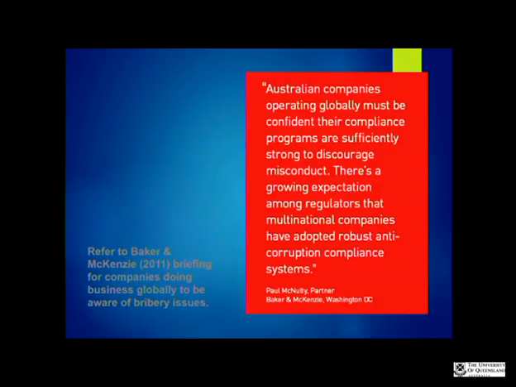This is a quote from it. They said, Australian companies operating globally must be confident their compliance programs are sufficiently strong to discourage misconduct. There's a growing expectation among regulators that multinational companies have adopted robust anti-corruption compliance systems.